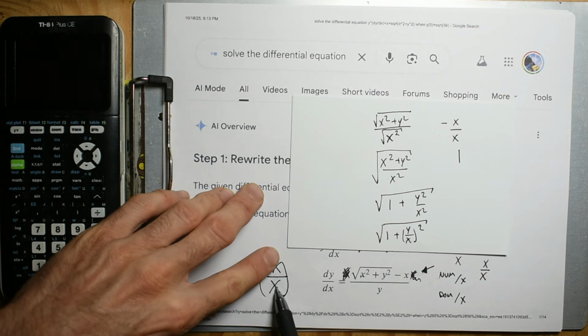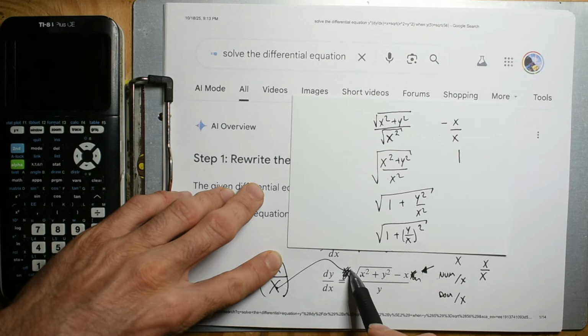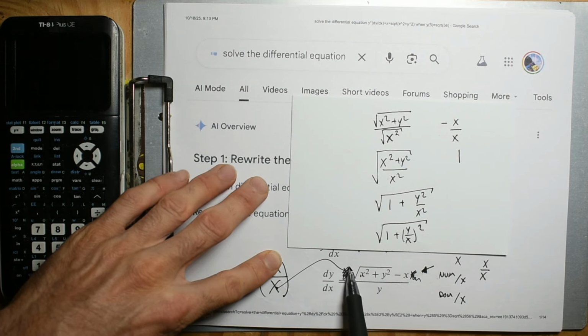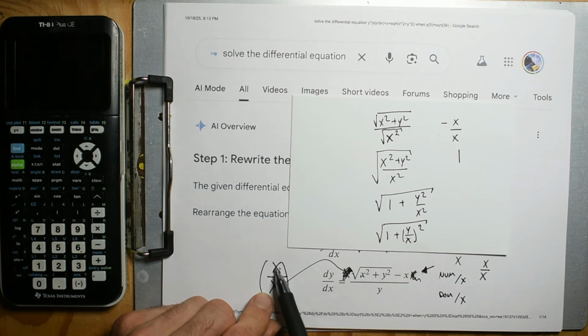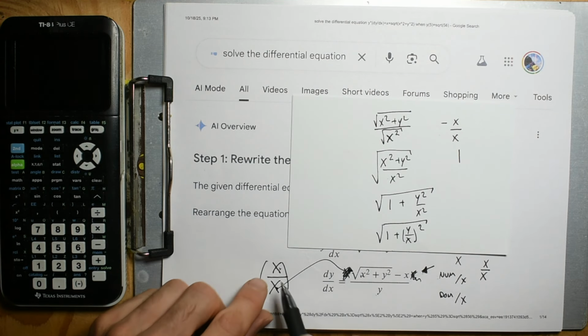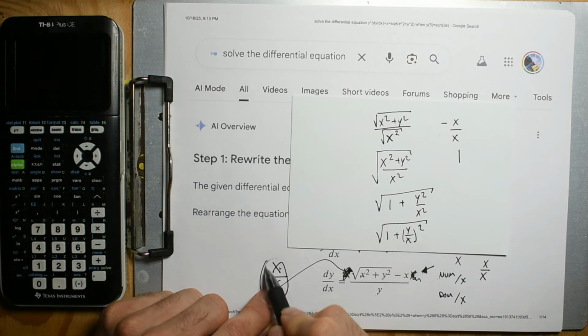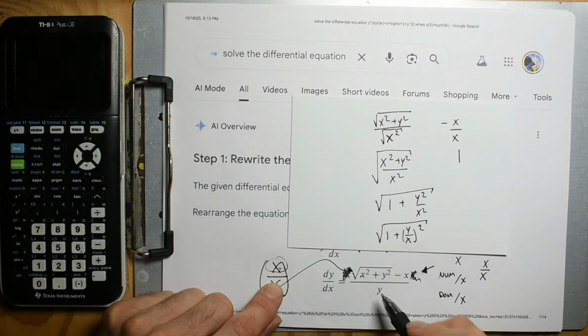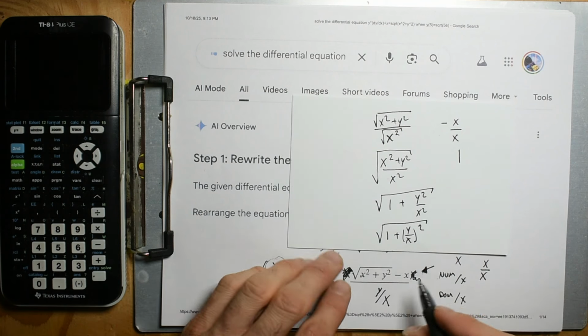I'm just taking this x below and incorporating it into the upper part, the numerator, and I'm going to take this x and incorporate it into the denominator. And that's bizarring me, the fact that this x incorporated into this denominator is y divided by x. That's so weird. But I'm used to that.